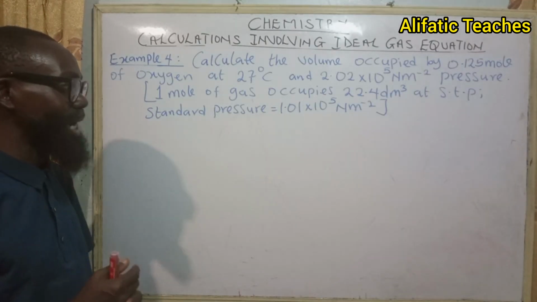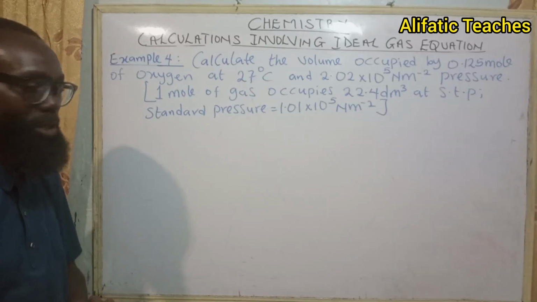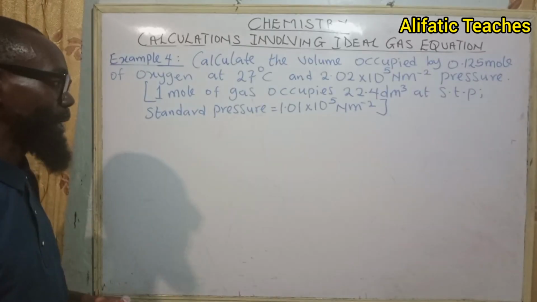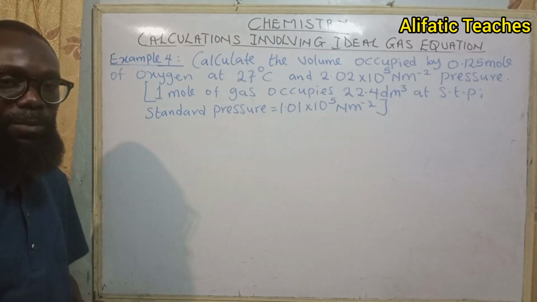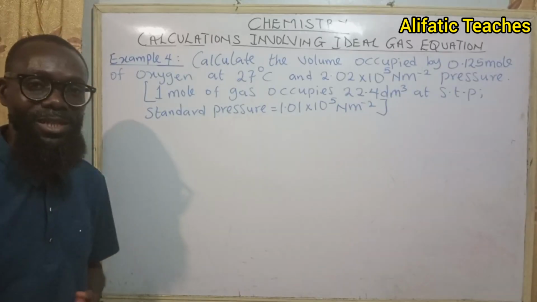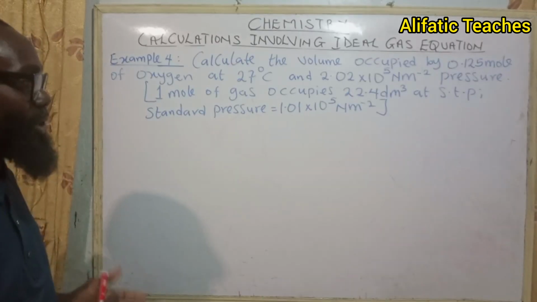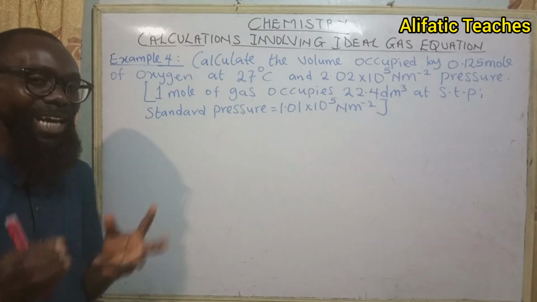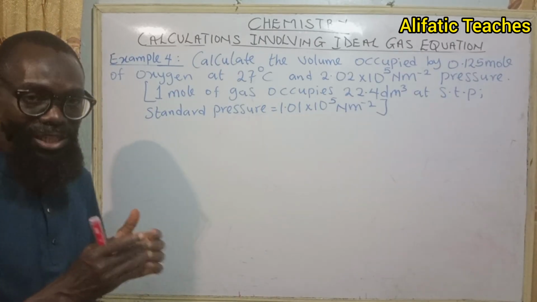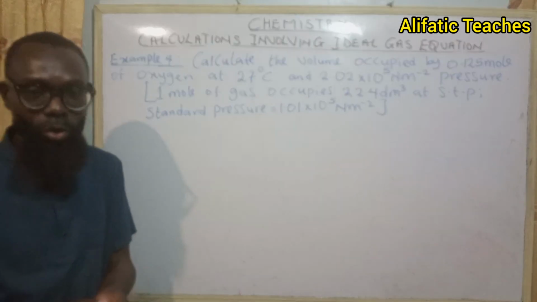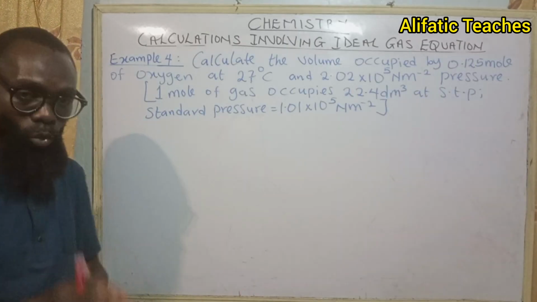Given 1 mole of gas occupies 22.4 dm cube at STP, standard pressure equals 1.01 times 10 to the power 5 Newton per meter square. This question looks like an ideal gas equation, but nevertheless, it will lead us into what we call the general gas equation.